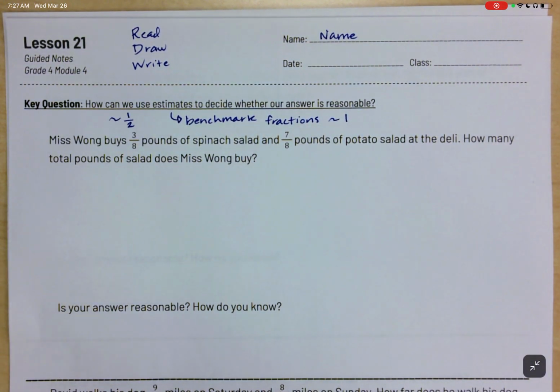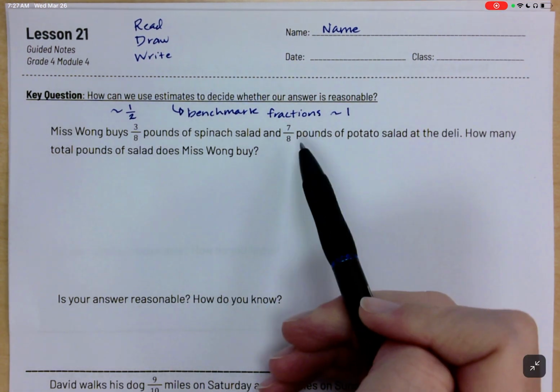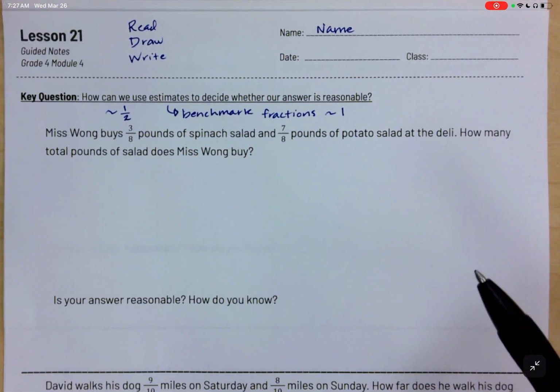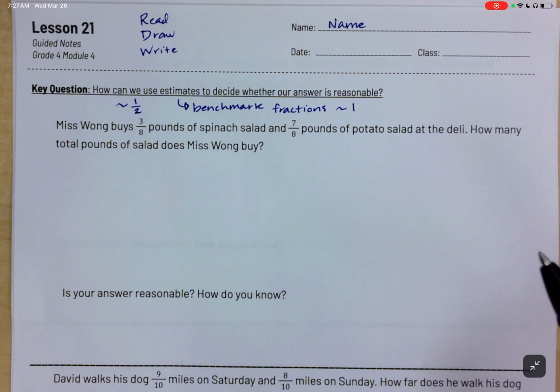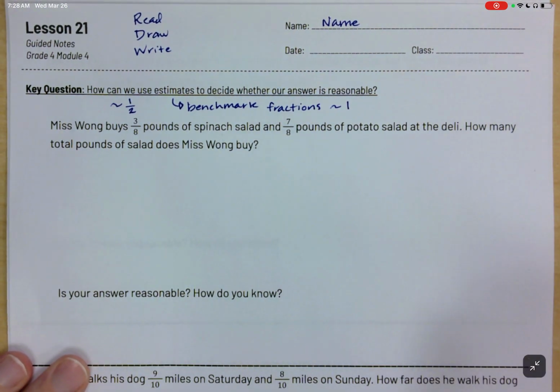So once I solve this, I know that my answer is going to be more than 1 pound and less than 1.5 pounds, because this is a little less than half, this is a little less than 1. So we want to see an answer that's more than 1 but less than 1.5. Okay, that's going to be reasonable based on our benchmark fractions and our estimate.